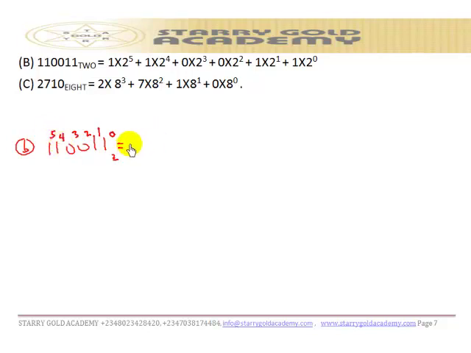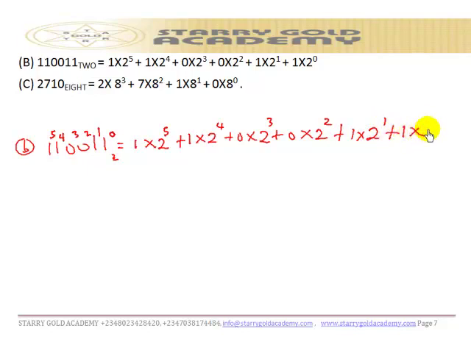So your power increases. So what do you do? 1 times your base power 5, plus the second one times your base power 4, 0 times your base power 3, plus 0 times your base power 2, plus 1 times your base power 1, plus 1 times your base power 0. You have successfully expanded this number.